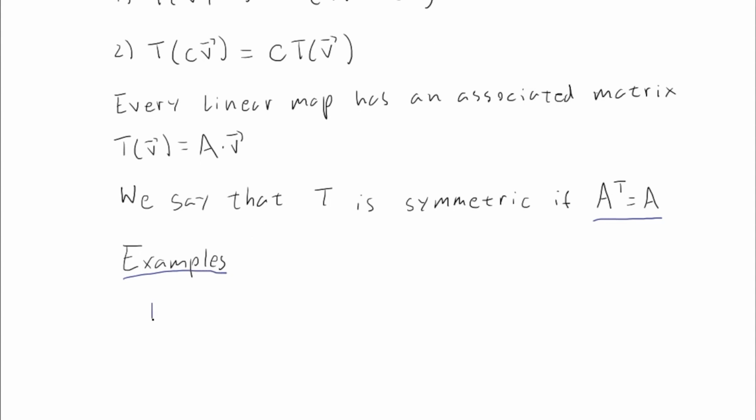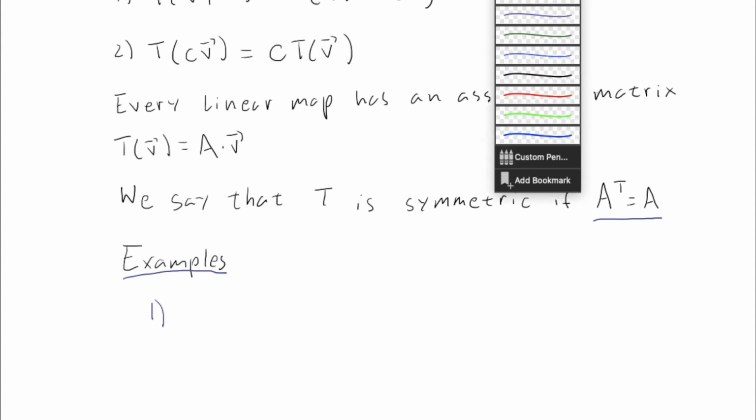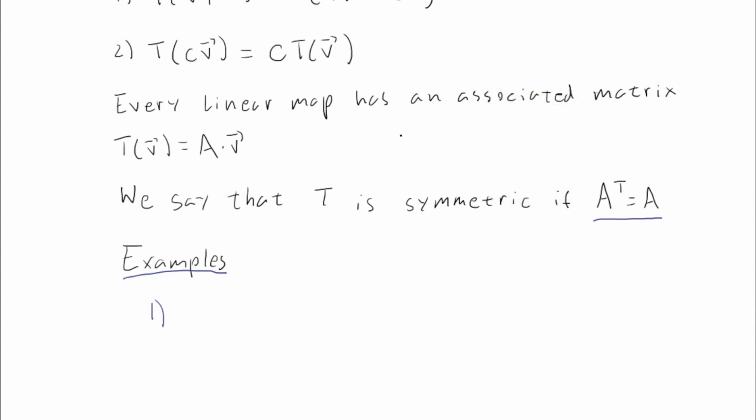Okay, so one, you could consider the map, say, T of (x, y) is equal to (2x, negative x plus 3y). So this is a linear map. You can show that.